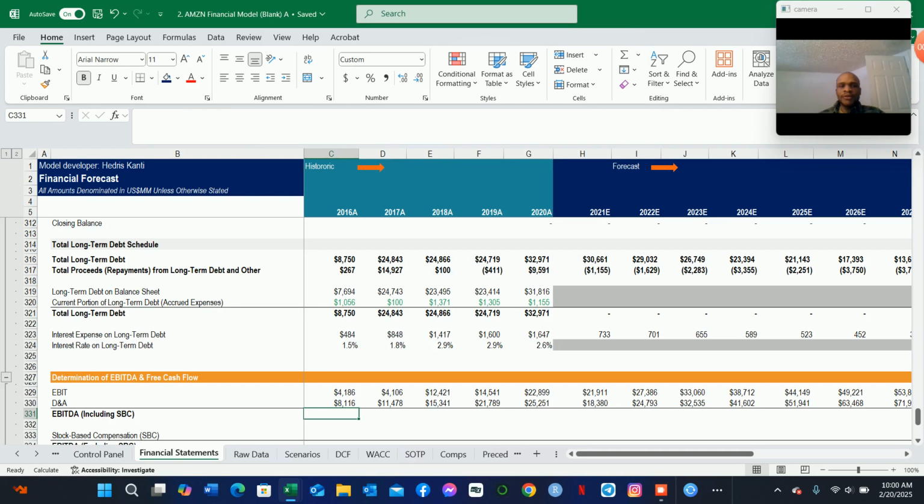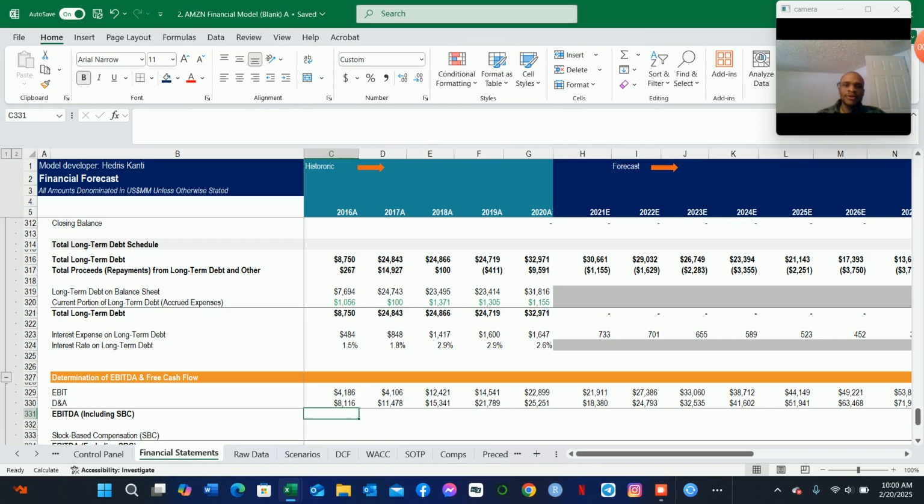While it is a very large amount, it could cause a significant impact in our cash flow. So we will have to exclude stock-based compensation by adding it back so that we can use that to determine the free cash flow to the firm.